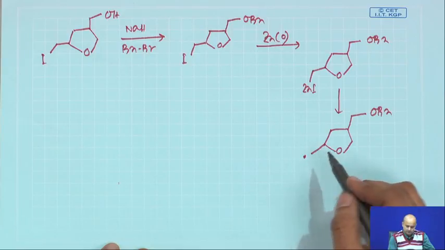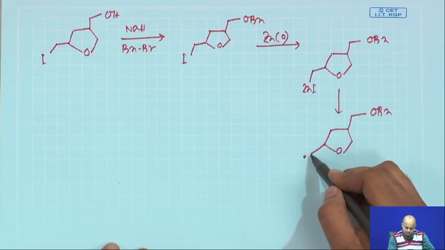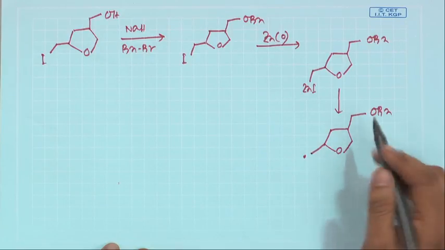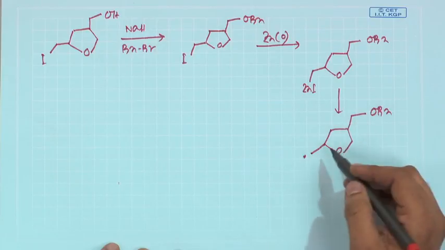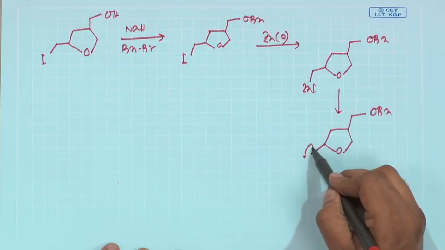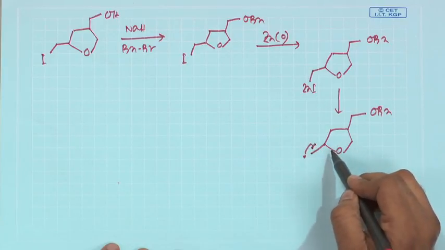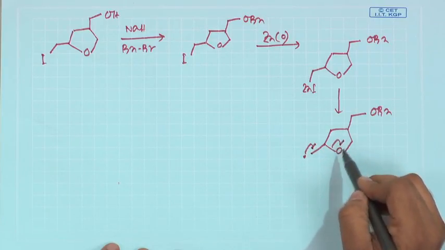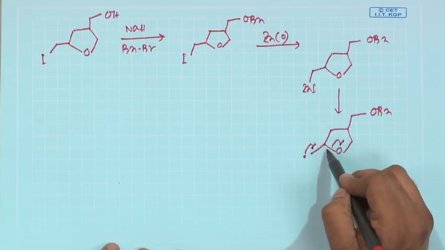Now, this radical will try to fragment in a different way, because it has an oxygen functionality in close proximity.